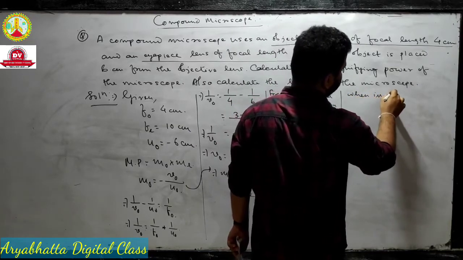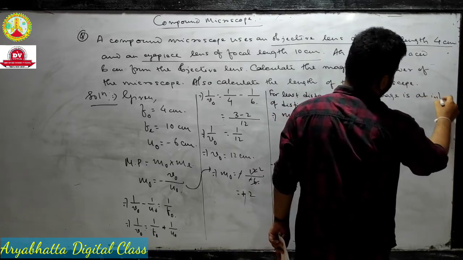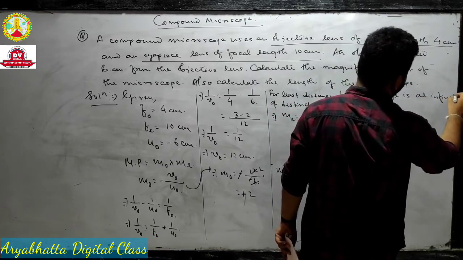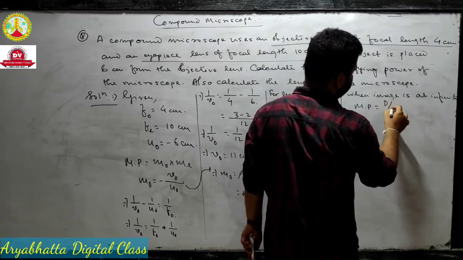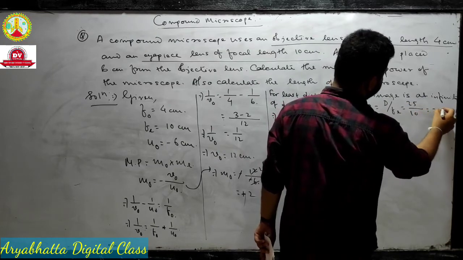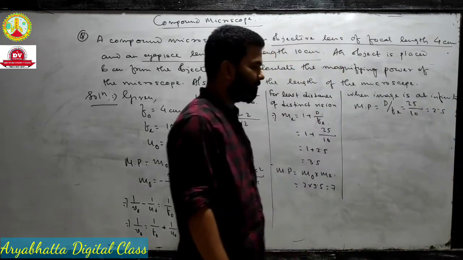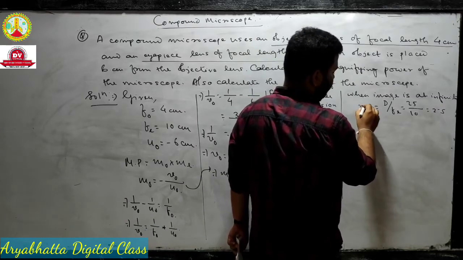When the image is at infinity, then the magnifying power, as I already told, is D by FE. So 25 by 10 is equal to 2.5. Then you write this one as ME.